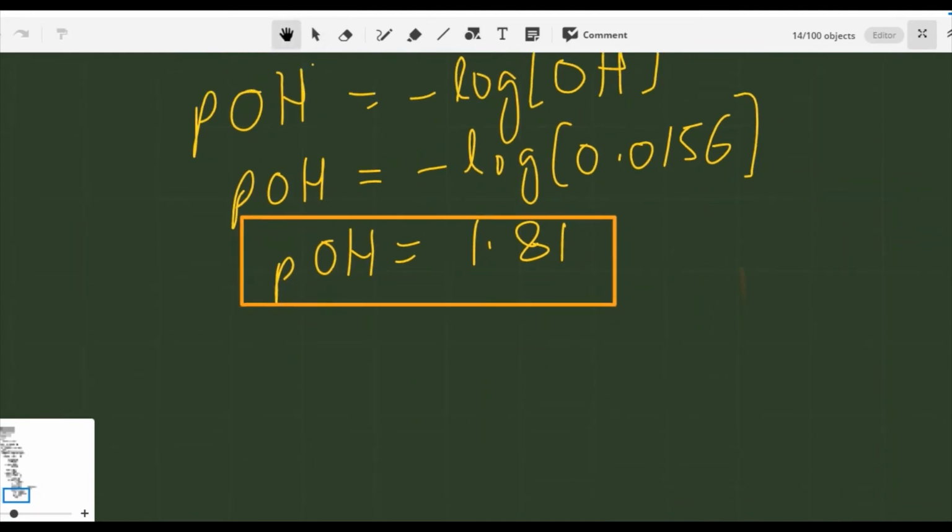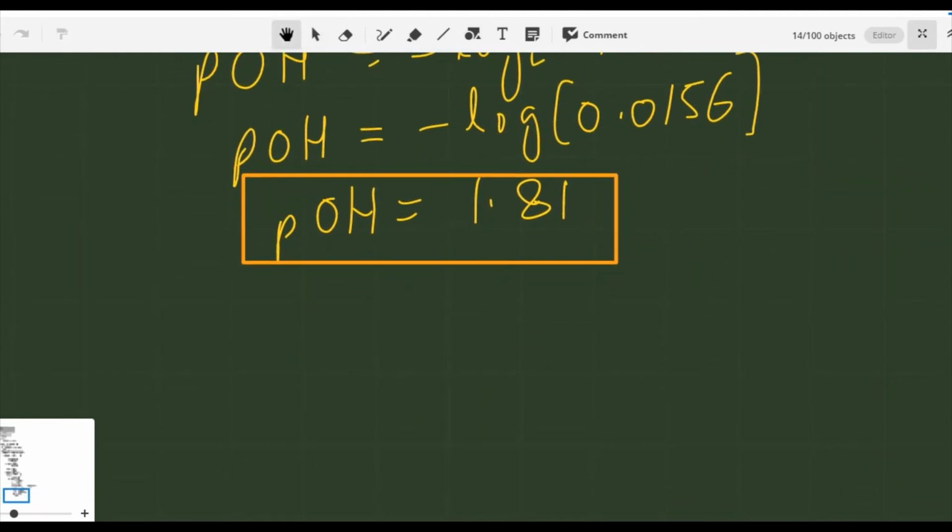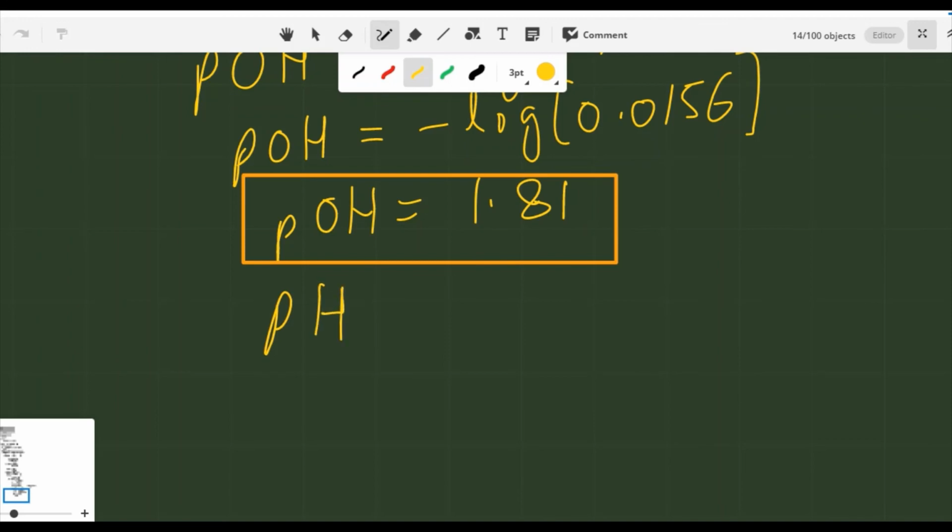Now, when we get the pOH equal to 1.81, we can easily find the pH, because you know that pH plus pOH is equal to 14.